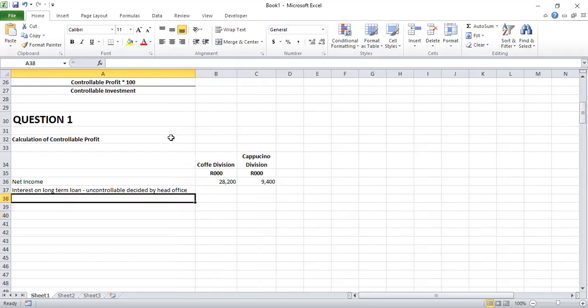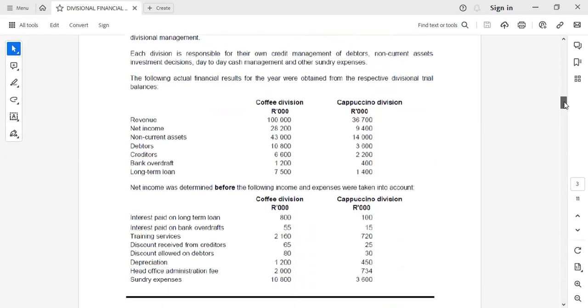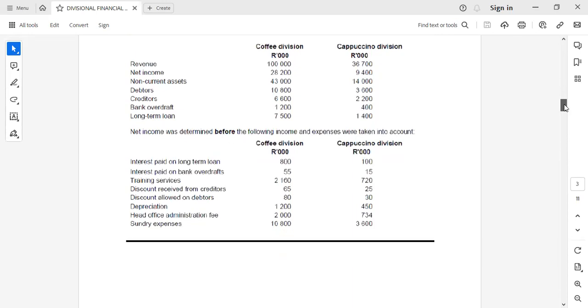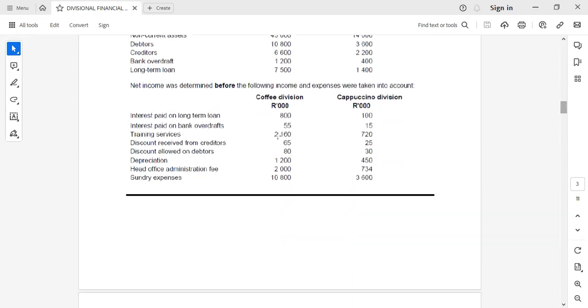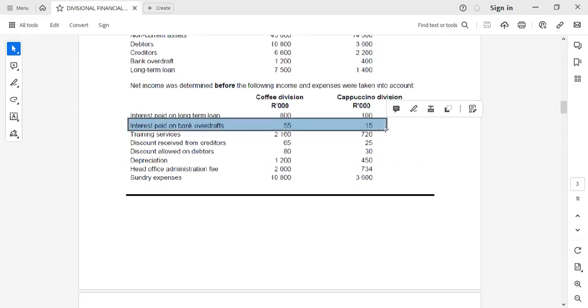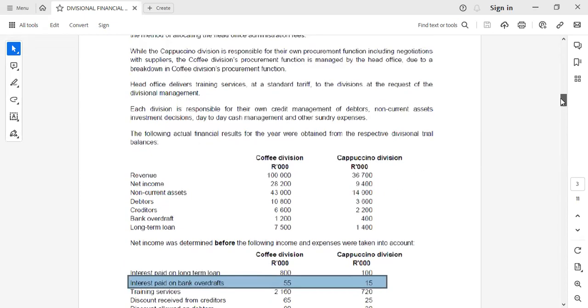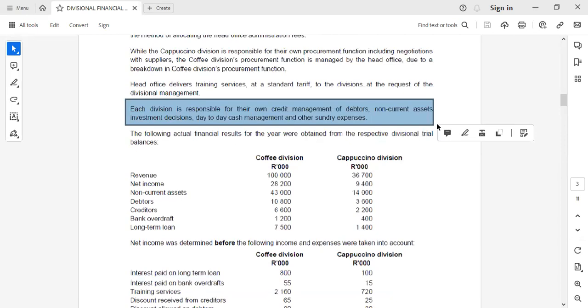Then we have got interest on bank overdrafts. The interest on bank overdraft, we have to include it. Why? We are told that each division is responsible for its own credit management of debtors, non-current assets, investment, and day-to-day cash management.